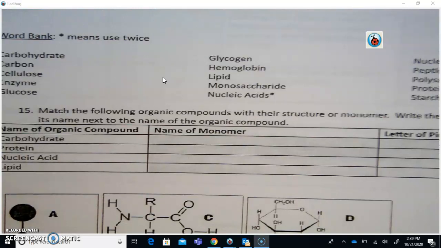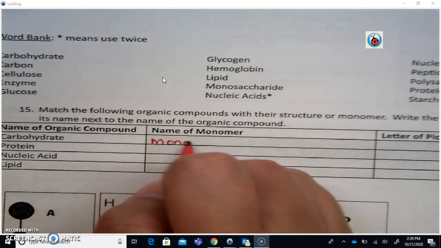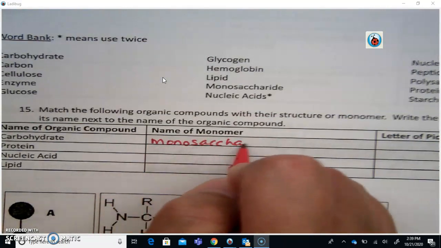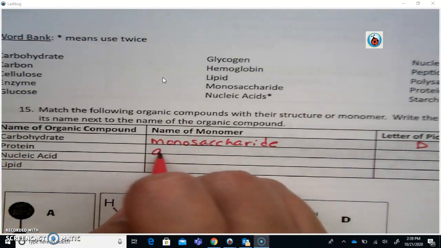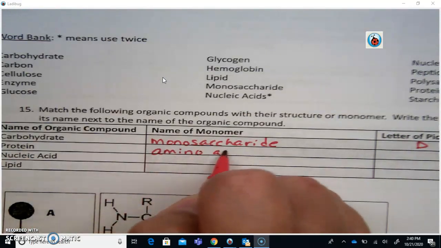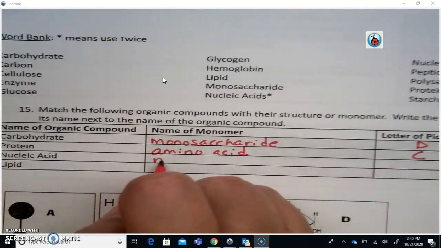So a carbohydrate, the monomer is a monosaccharide. And its picture is going to be D. A protein, the monomer is amino acid. And a picture of an amino acid is C. The monomers that make up nucleic acids are nucleotides.